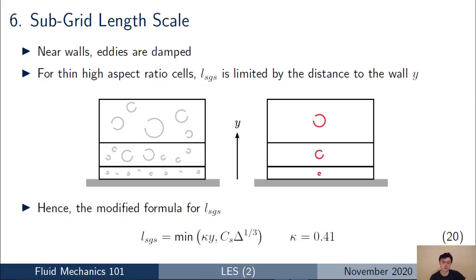And this is very useful in practice because it gives us a better calculation and estimation for what the subgrid scale turbulent kinetic energy is in those cells that are very close to the wall. And another way you can think about this, of course, is that when the cells have very high aspect ratio, the eddies that are going to be contained within that cell are going to be slightly different if you have a more cube-shaped cell. And that's why this modification is present.